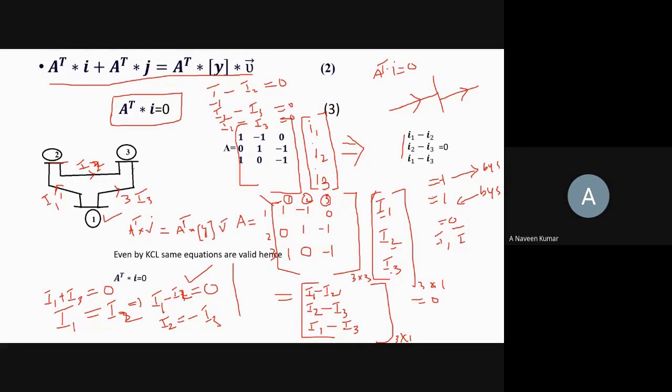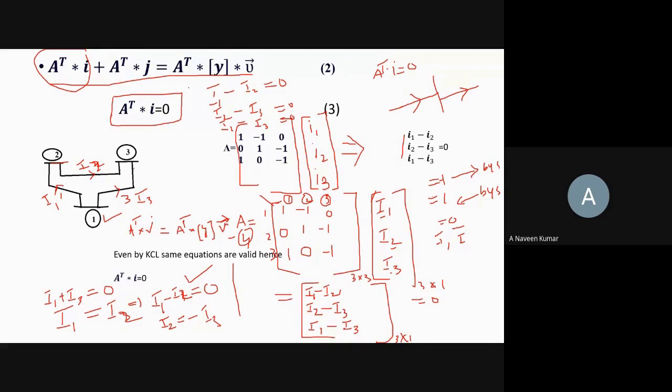This equation we will take as equation number 4. So just remove this term because this is 0. So A transpose into J is equal to A transpose into Y into V. Okay, small v. So this is equation number 4.